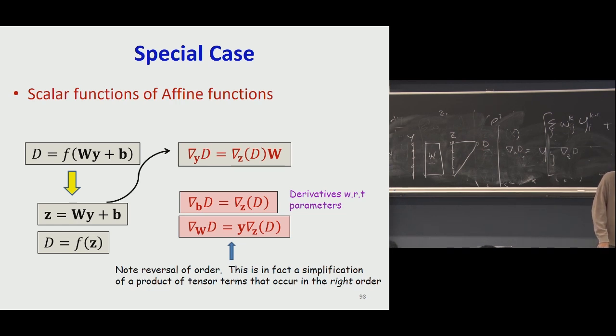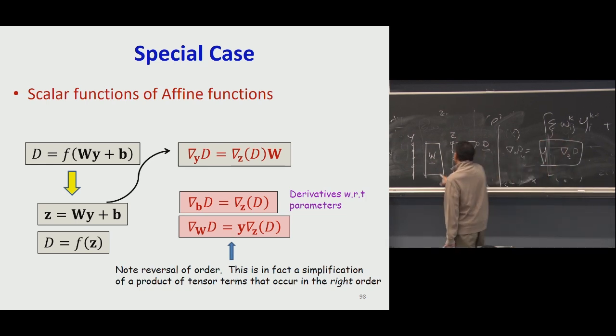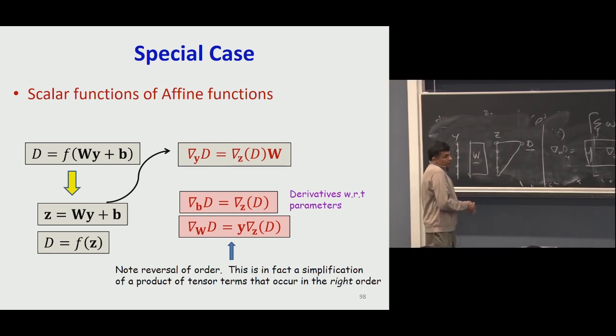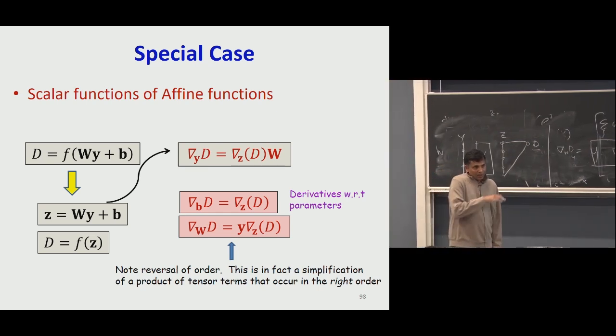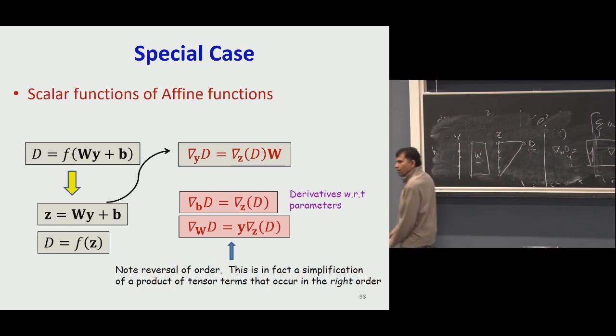And then you can see that the dimension of this derivative is exactly the same as the dimension of W. The left dimension is the same as the dimension of y. The top dimension is the same as the dimension of z. This is the one special case that we're going to have to handle.